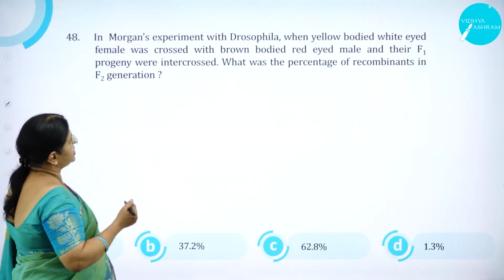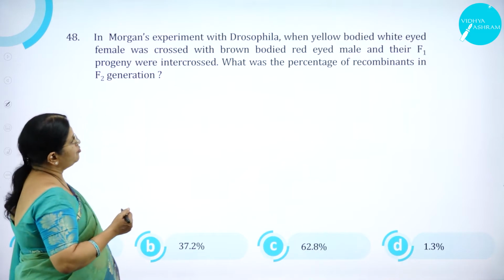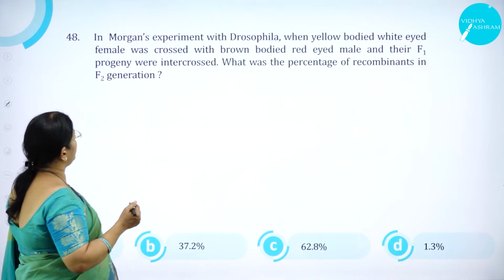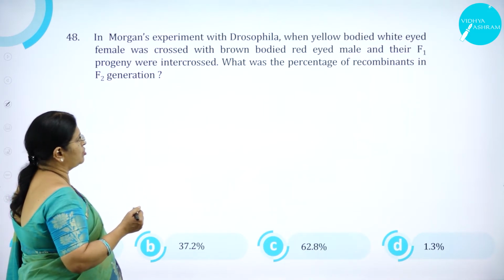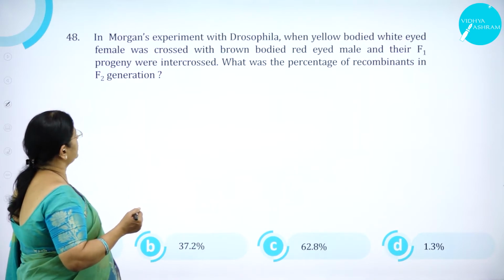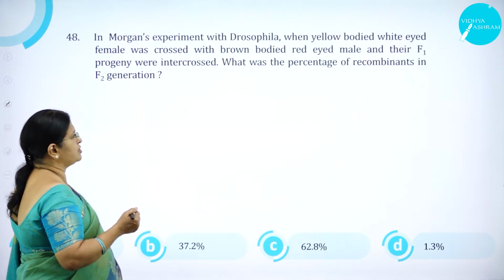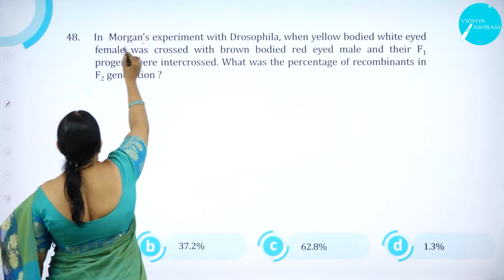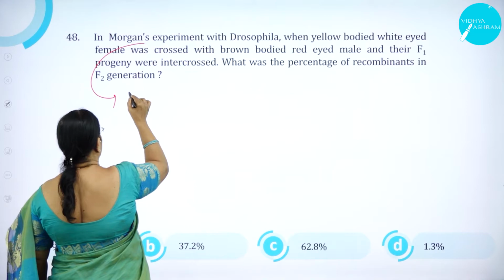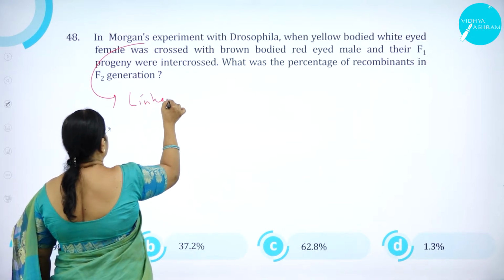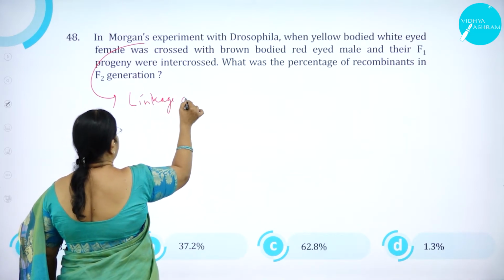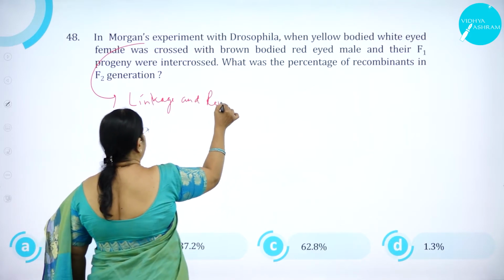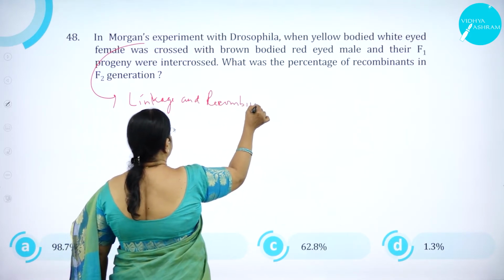So in Morgan's experiment with Drosophila, when a yellow-bodied white-eyed female was crossed with a brown-bodied red-eyed male and their progeny were intercrossed, what was the percentage of recombinants in F2 generation? So Morgan's experiments were mainly based on linkage and recombination.